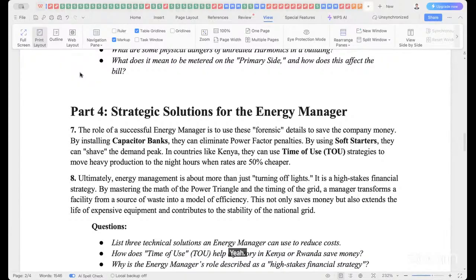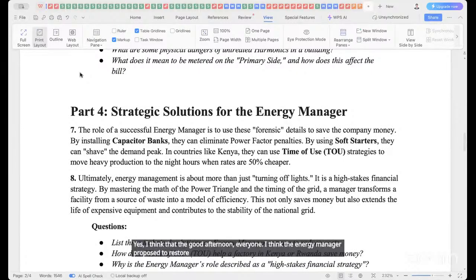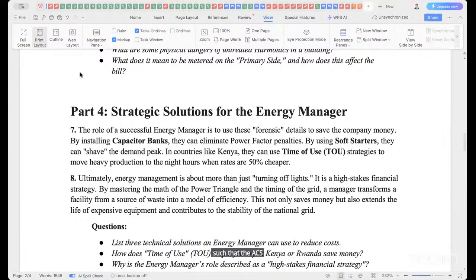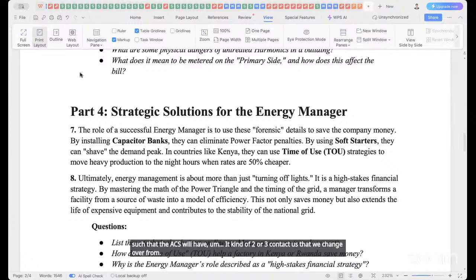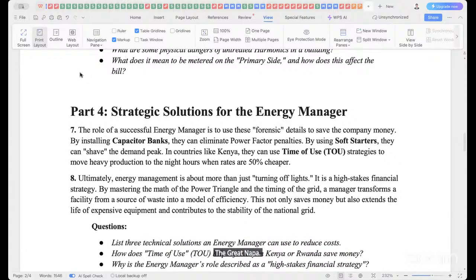Good afternoon, everyone. I think the energy manager is supposed to install the ATS, the automatic changeover switch, such that the ATS will have two or three contactors that will change over from the grid, NEPA, to the solar system.